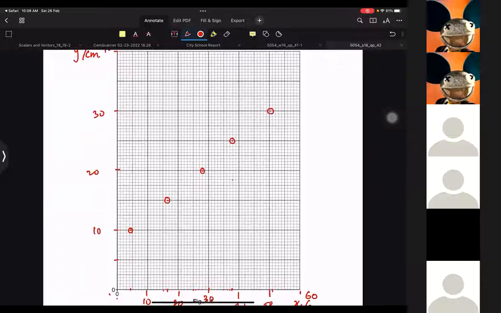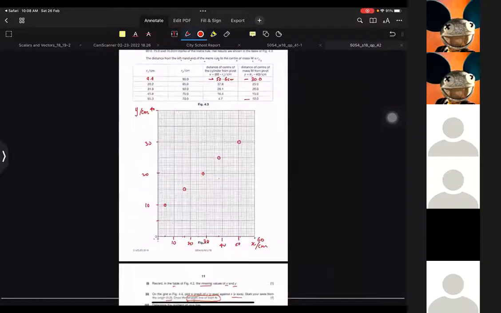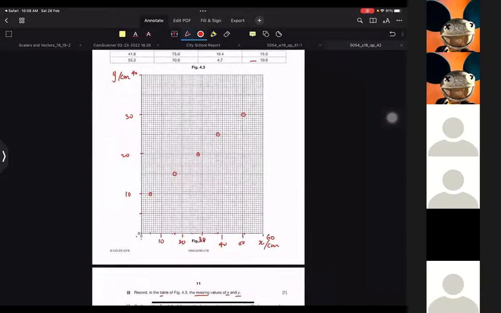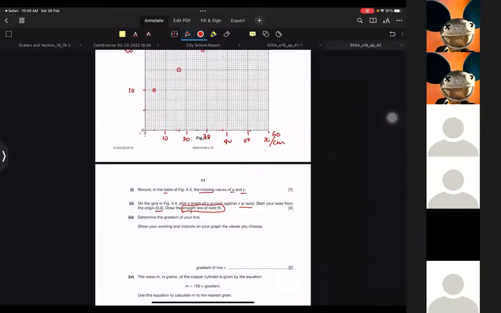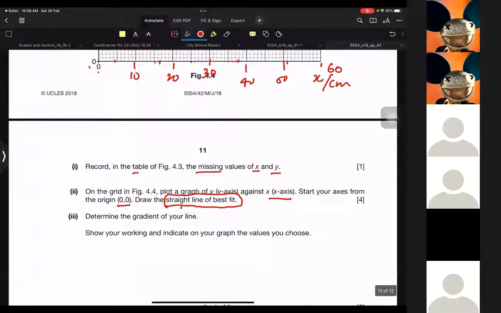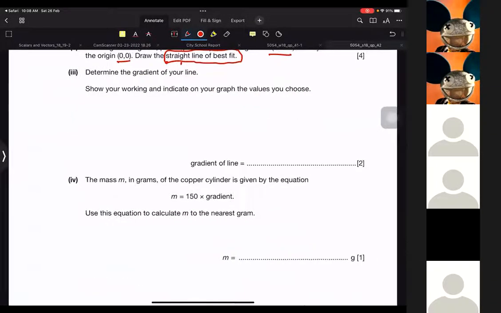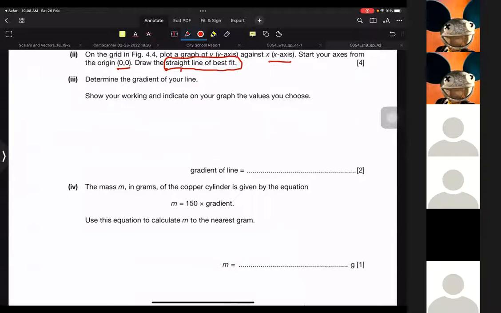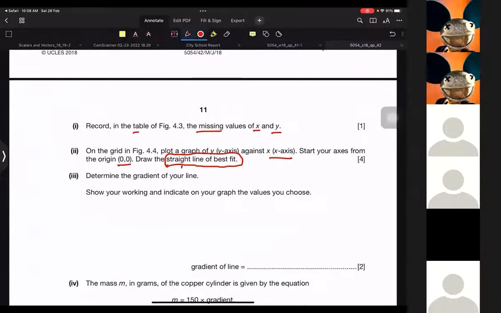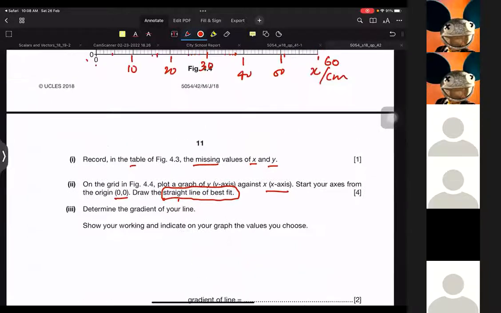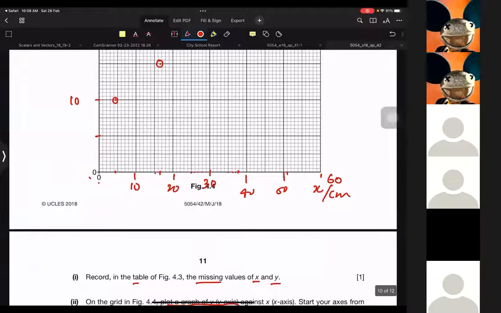Okay. Now, as you can see, we got 5 points, and we need to draw a line of best fit. Fine.